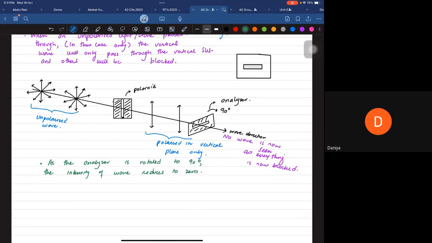Correct? First we changed the wave into vertical, and then we slowly rotated to 90. So basically it became darker and darker, and ultimately it was completely blocked. Understood? Yes, yes.